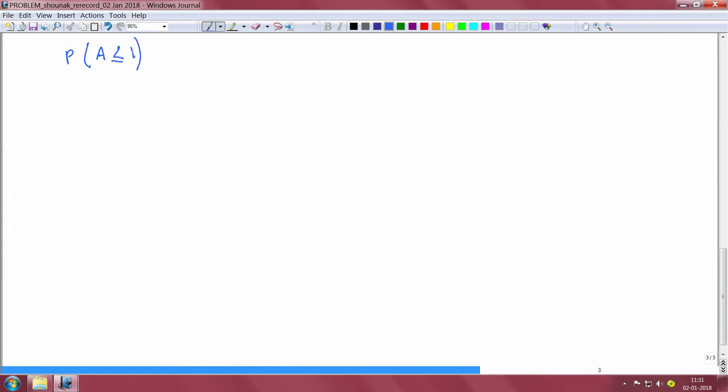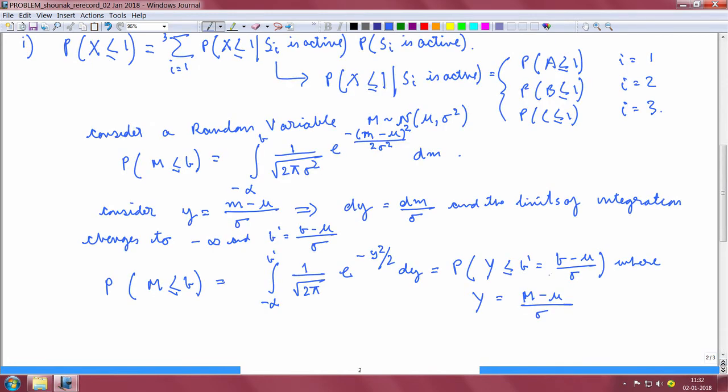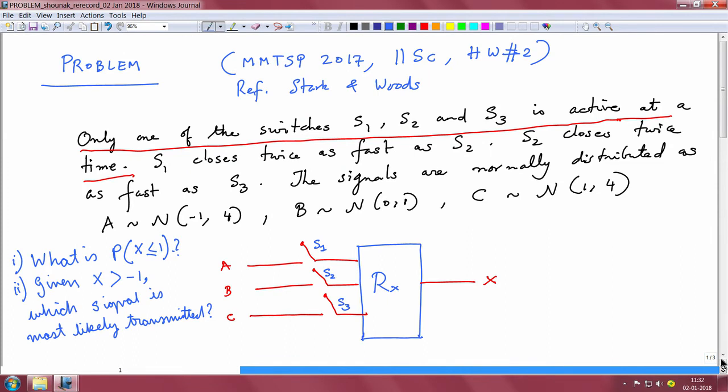Now, we will just substitute in the normal distribution function that we have done before, which is nothing but the probability that y is less than m minus mu by sigma. We are exactly going to do that substitution, and let us check the mean and variance of A, which is given by minus 1 comma 4 over here.